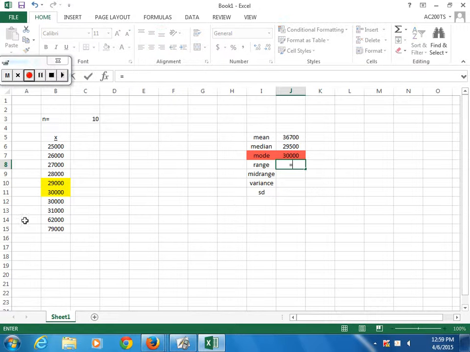Range is equal to the highest minus the what? Mid-range is going to be equal to the highest plus the lowest divided by what?